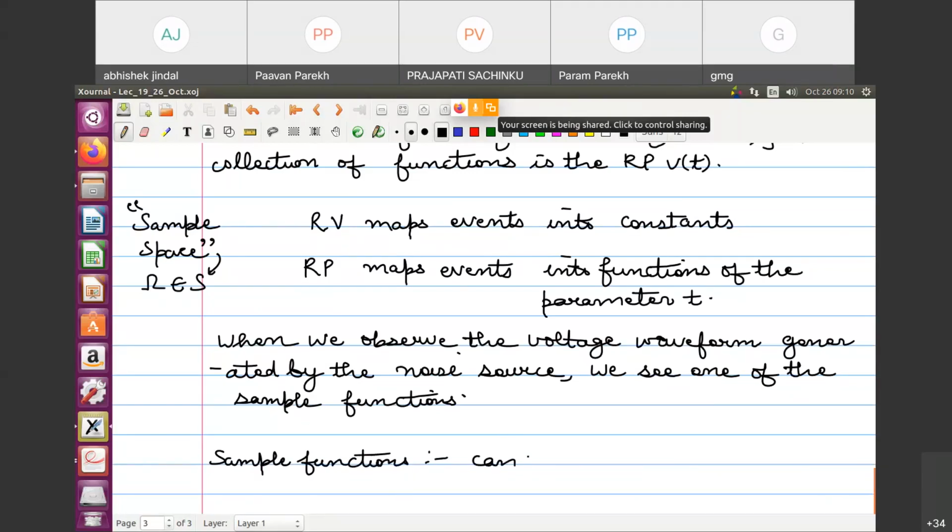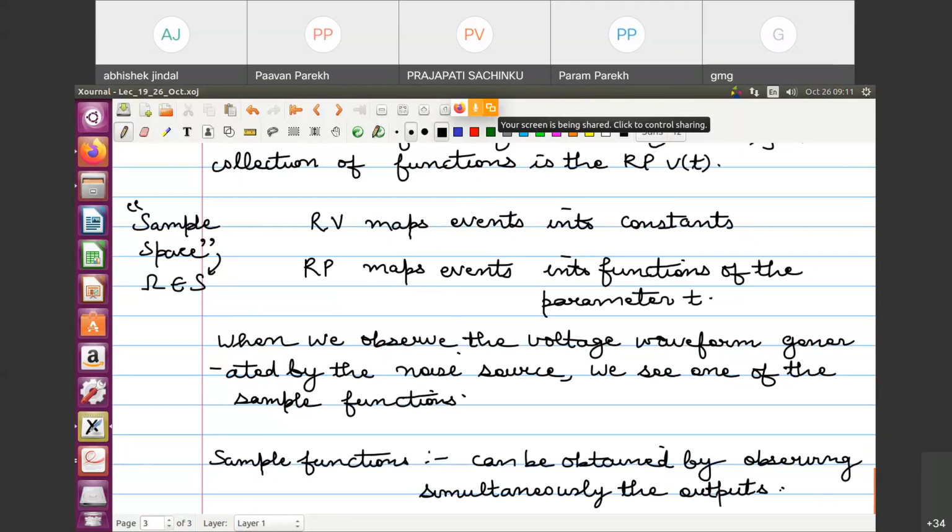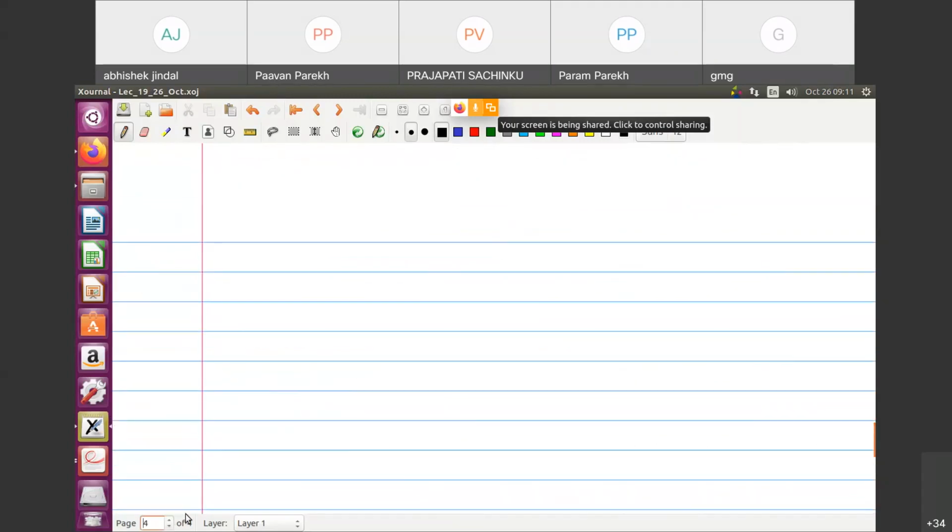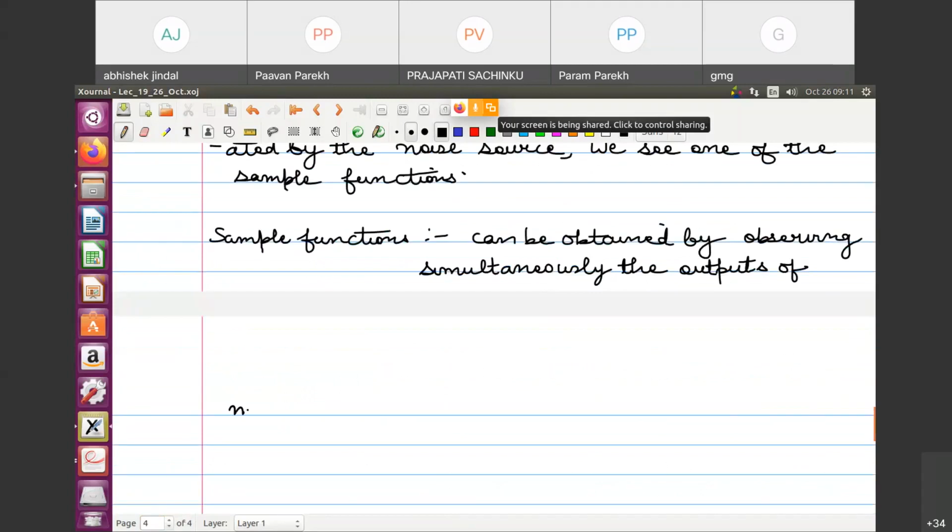Sample functions can be obtained by observing simultaneously the outputs of many identical noise sources.